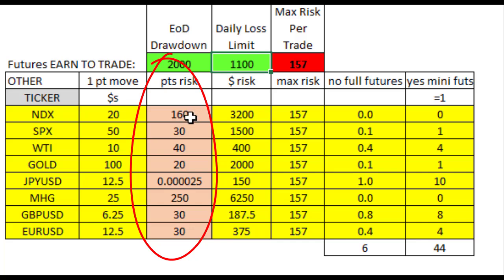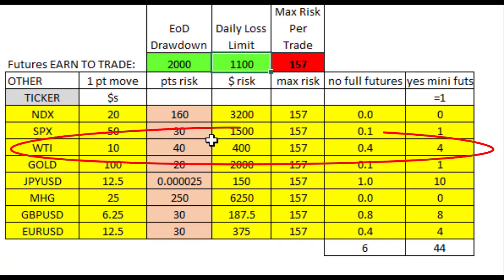So this is where your stop would probably go on. So for example, let's take WTI. We've got 40 points of risk there. So that times the 1 point move would equal $400 of risk if we wanted to put that trade on, but we only want to max risk $157.